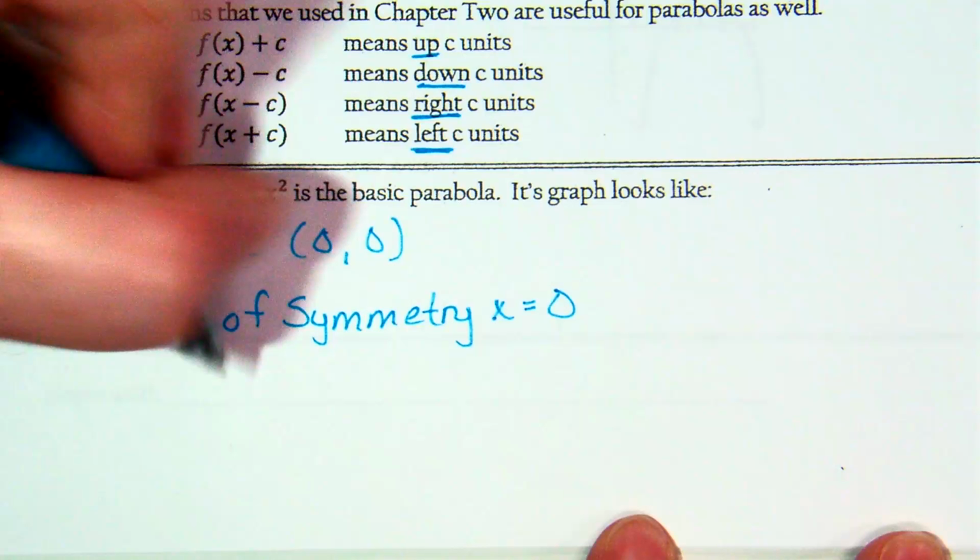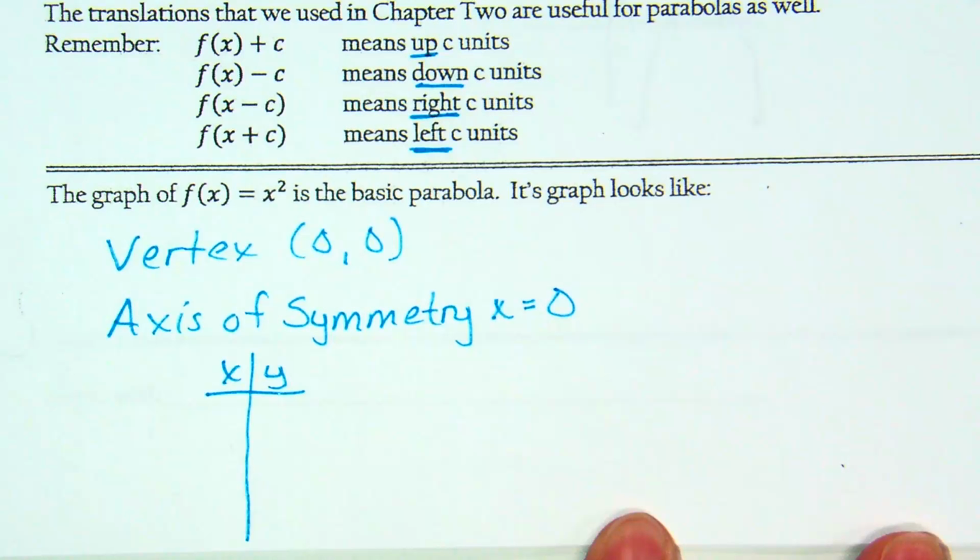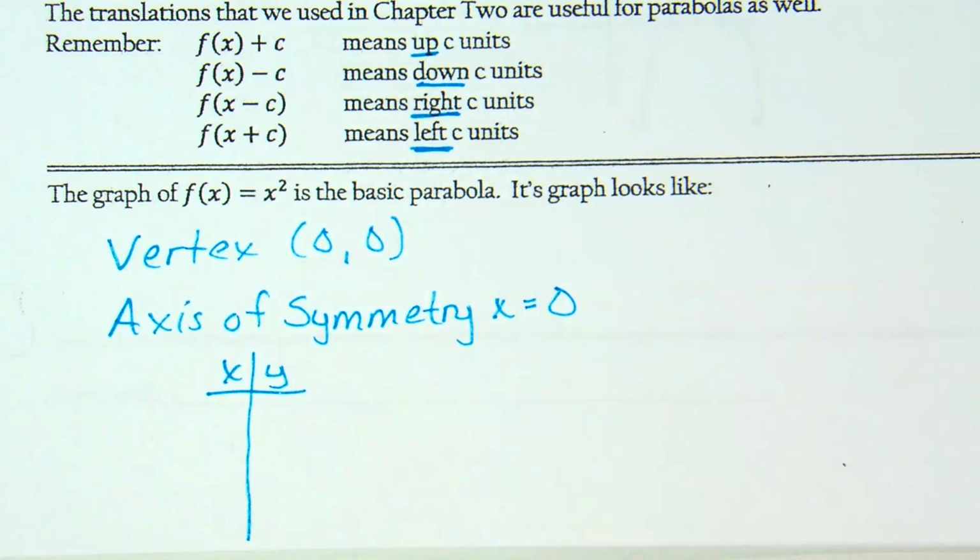Now, I would like to write down a basic XY chart that I'm going to tell you I want memorized because we're going to use it on the next page. So when I say a basic XY chart, just using the basic numbers. Of course, when you put 0 in, 0 squared is 0.